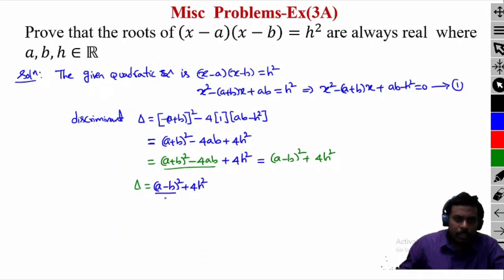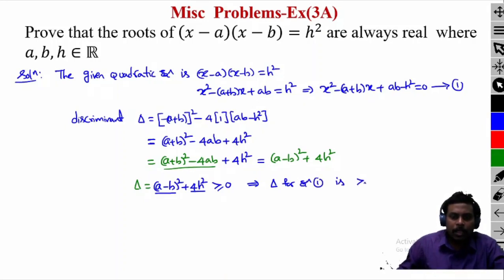This quantity is positive and this quantity is also positive. So this quantity is going to be greater than or equal to 0. So discriminant for equation 1 is greater than or equal to 0.